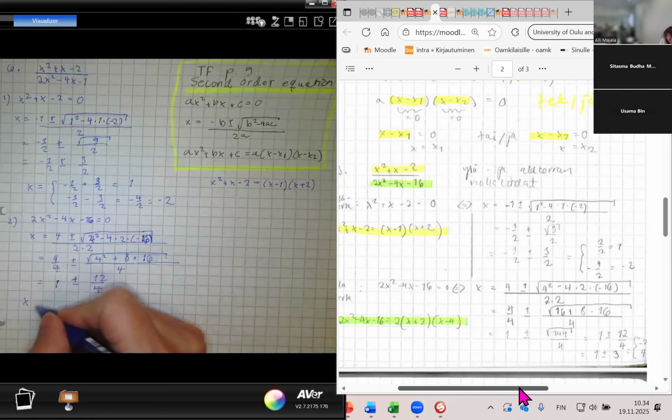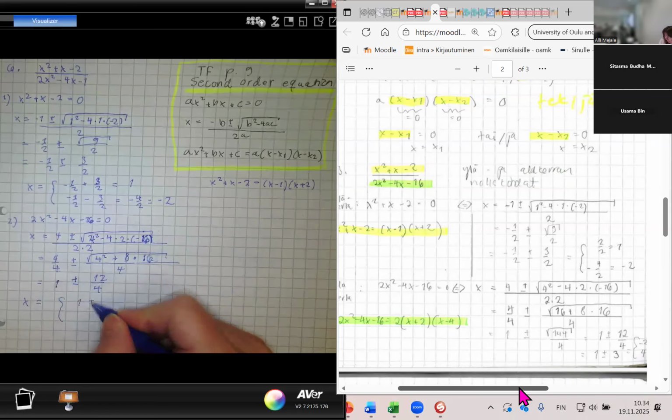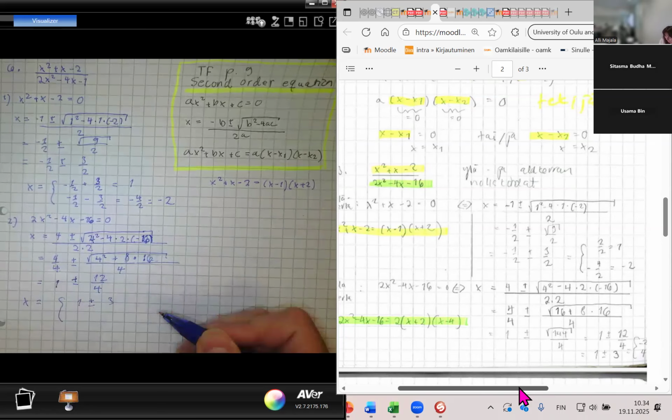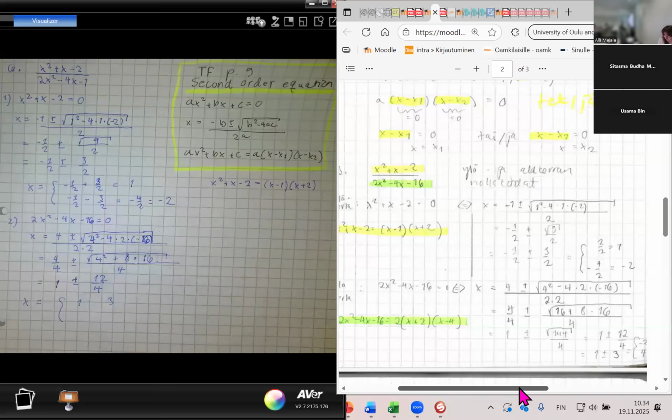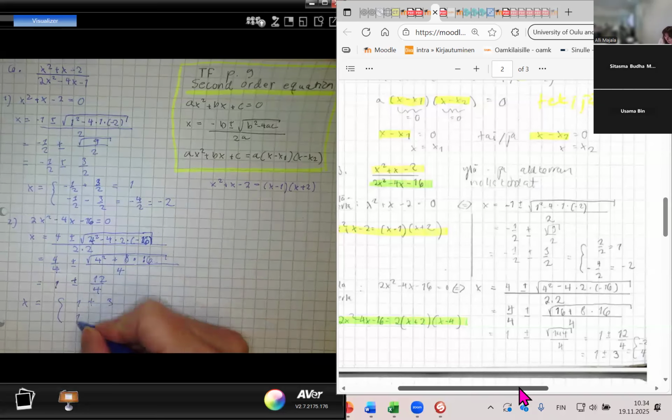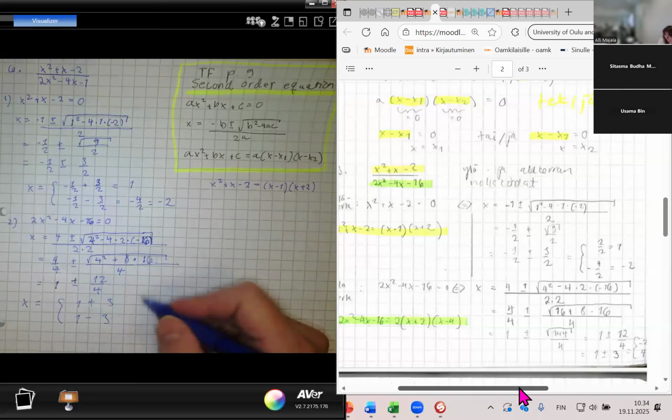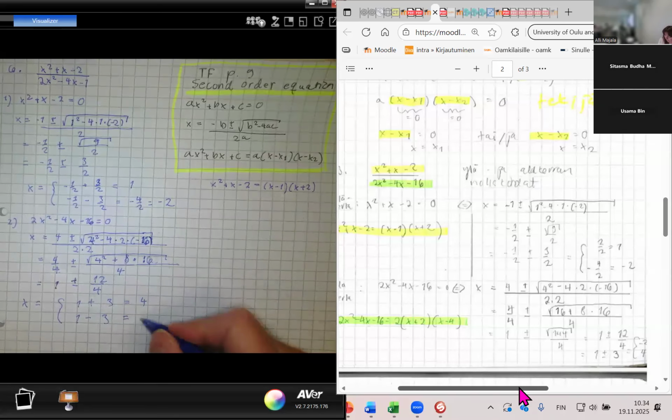So x is 1 plus minus 3. Okay, let's put 1 plus 3 and 1 minus 3, which is 4 or minus 2.